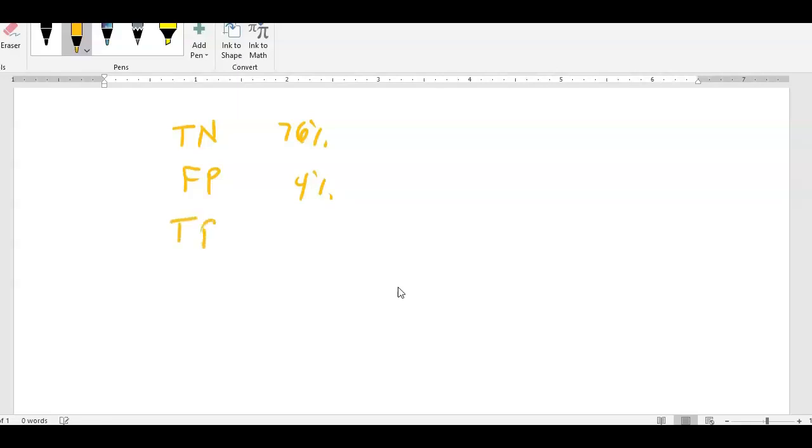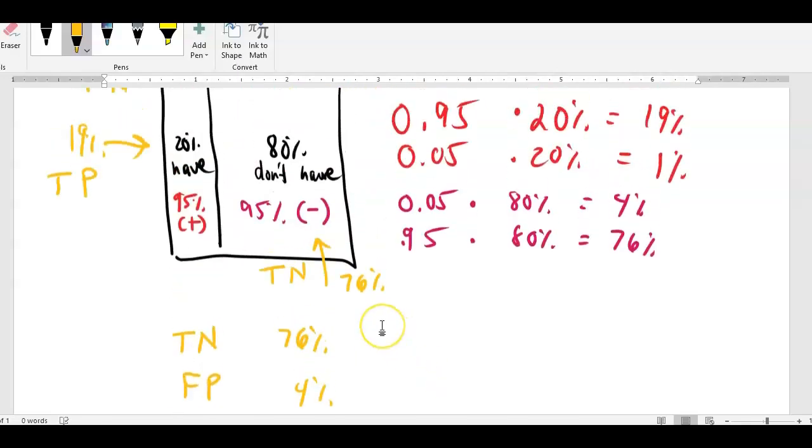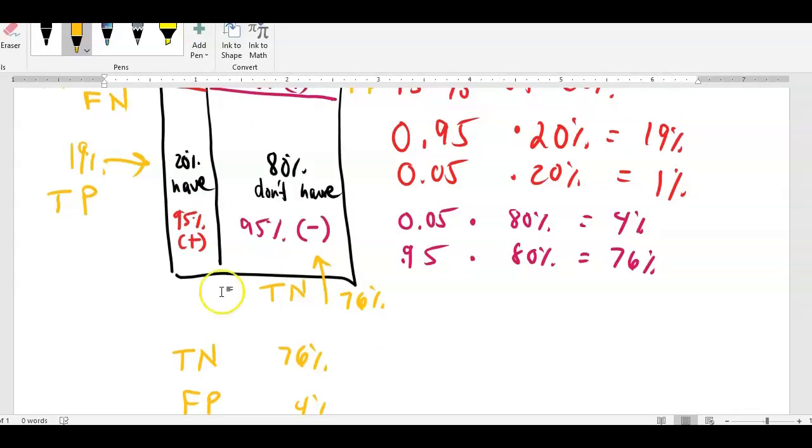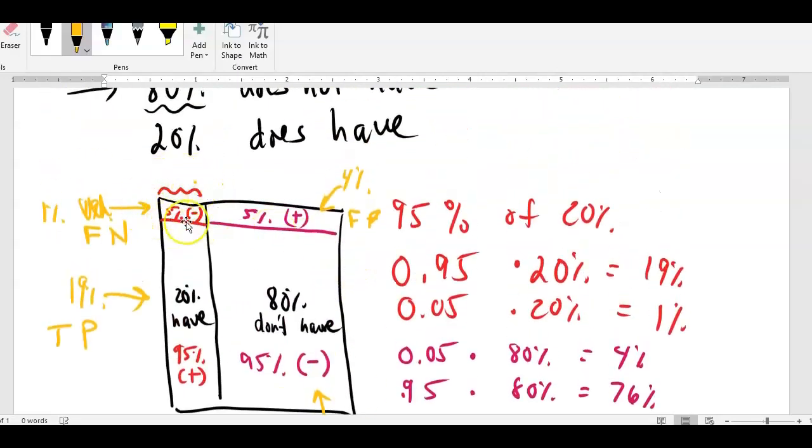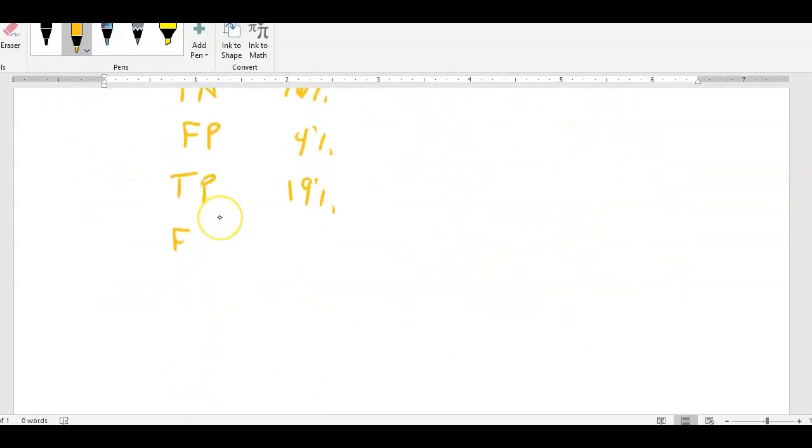A true positive: you do have it and the test says you have it, 19%. And a false negative is the last one up there. The false negative was the 1%. That is, 1% of the people do have it, but they're going to test negative.